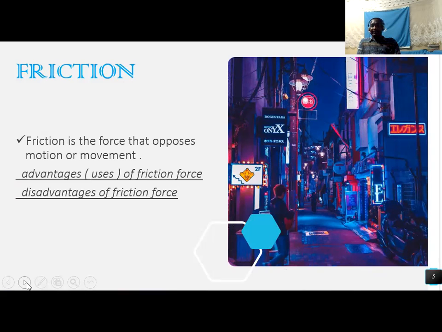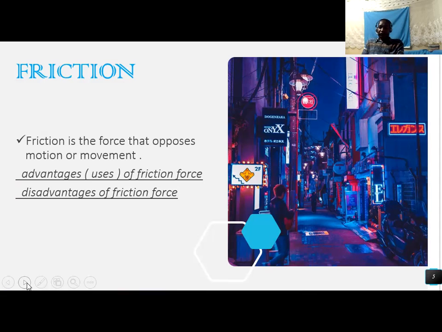Two, writing. The force of friction acts between the pen and the paper or chalk and the board to enable us to write. Pupils, number three, friction is very important in racing.